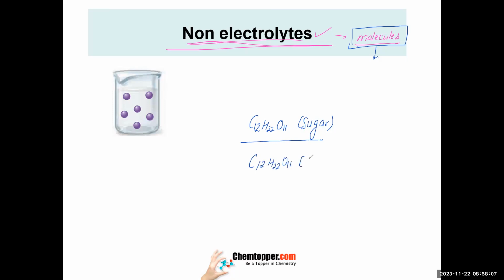So can I write C12H22O11 as aq? Because it's soluble, right? But you are not going to get ions. So is it going to conduct electricity? That solution will conduct electricity? No. So what is it? Non-electrolyte, non-conductor of electricity, no ion formation. Okay. Now I'm giving you some compounds here.